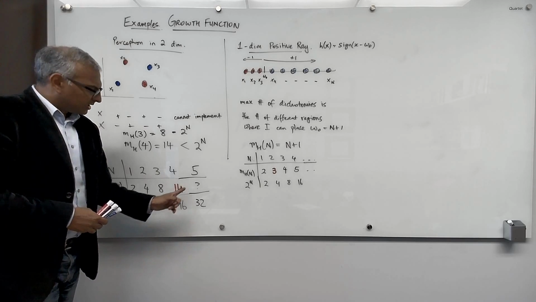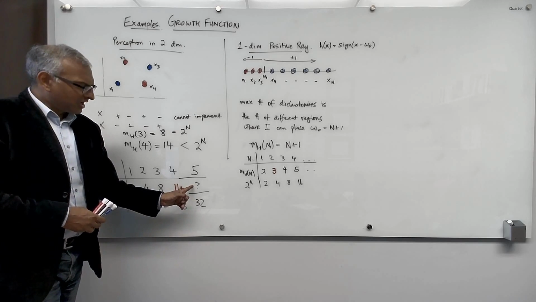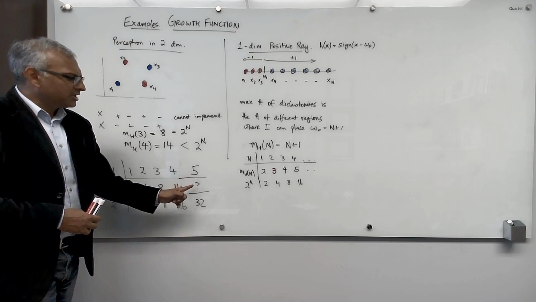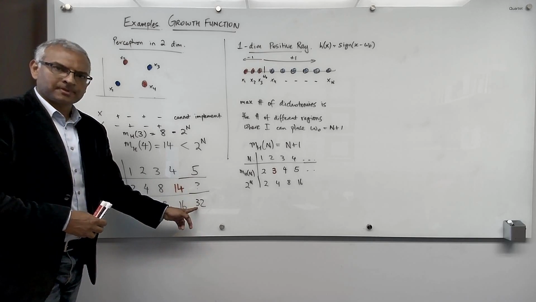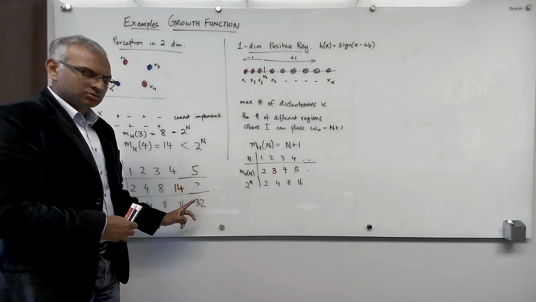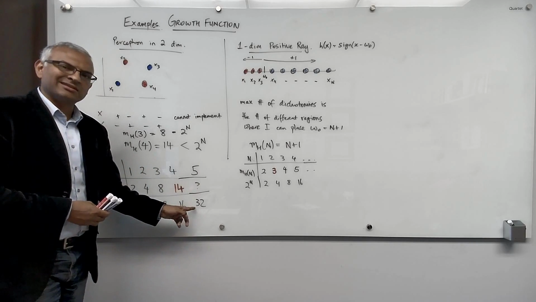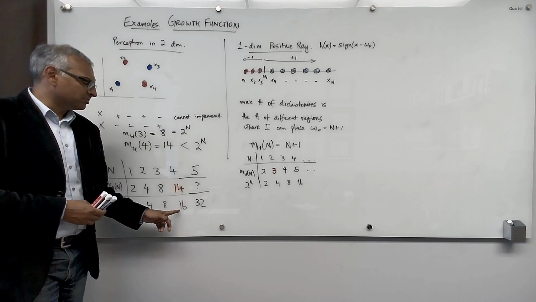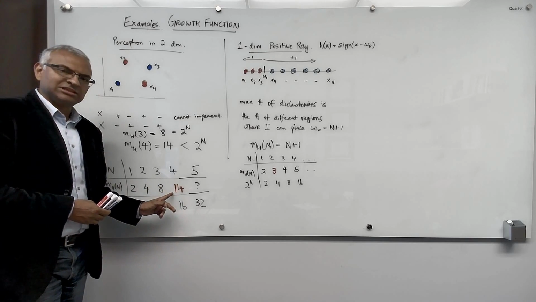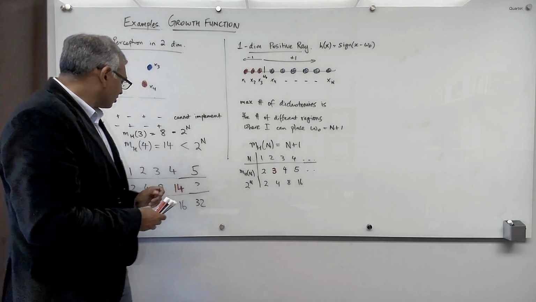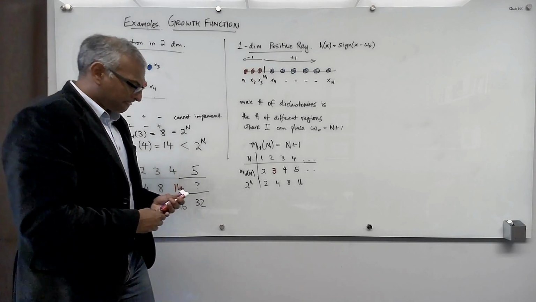But in this case, it's hard to compute the exact value. I can tell you for sure that it is less than 32. You might try to think, what's the argument to show that it has to be less than 32? It has to do with the fact that on 4 points, you can only do 14.